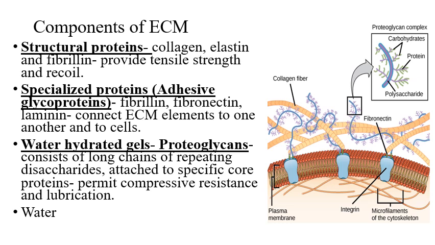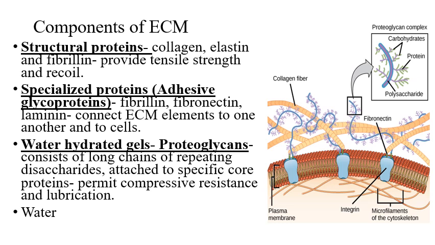The third component of extracellular matrix is water-hydrated gels known as proteoglycans. Proteoglycans are nothing but protein molecules associated with carbohydrates. They basically consist of long chains of repeating disaccharides attached to proteins, and their main function is to permit compressive resistance and lubrication.